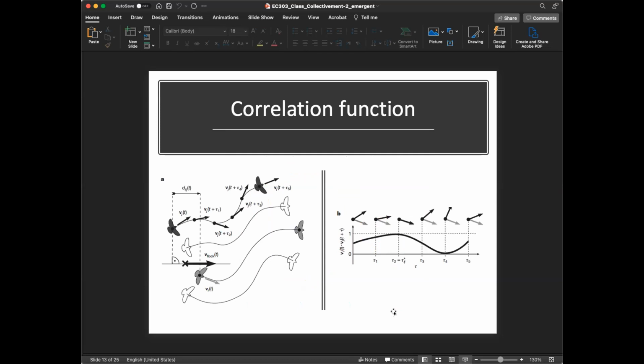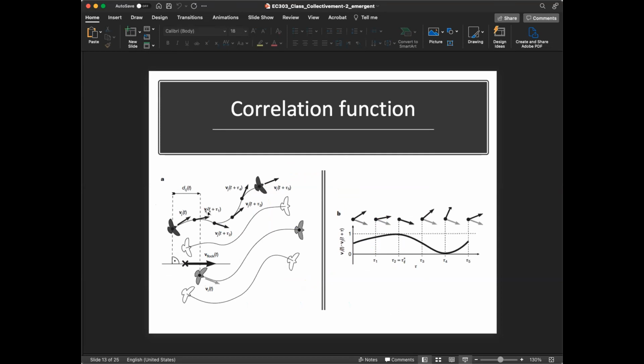Here is how the correlation function works in this case. Consider two individuals, individual I, which is here, and individual J, the darker gray, which is moving with velocity Vj.